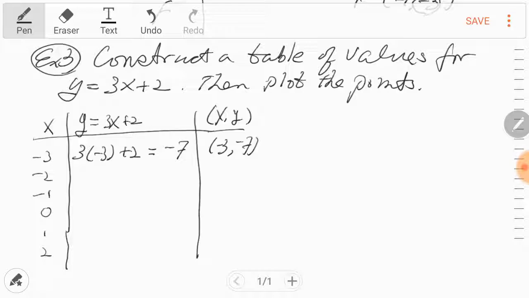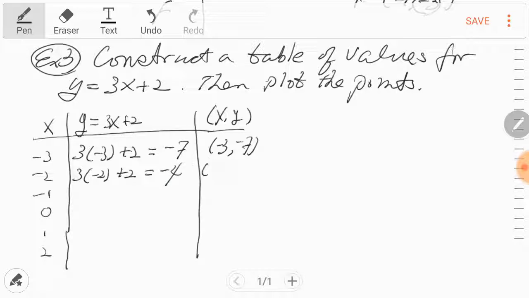Okay, for x equals -2, 3 times -2 plus 2 is -6 plus 2, so -4.